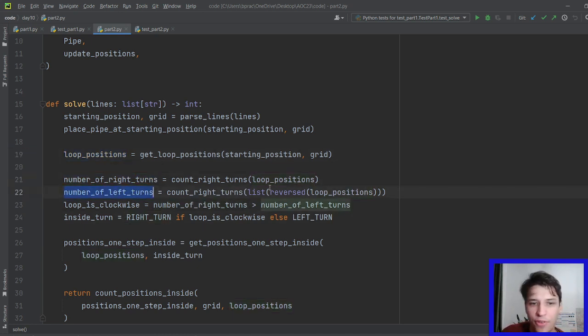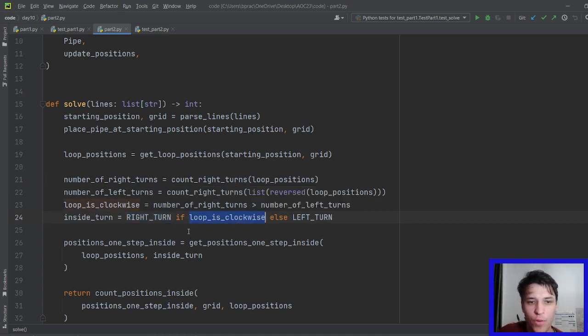The number of left turns we figure out by just reversing the list and counting the right turns again. Just a little trick. Once we know whether we go around clockwise or anti-clockwise, that will tell us which way we turn to go inside.